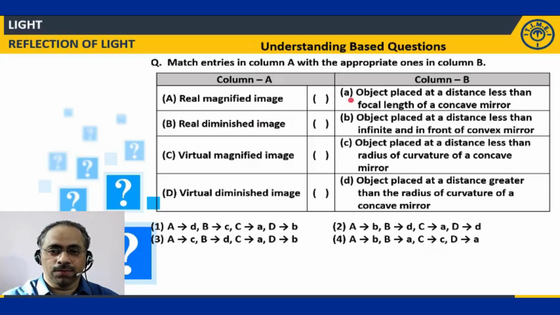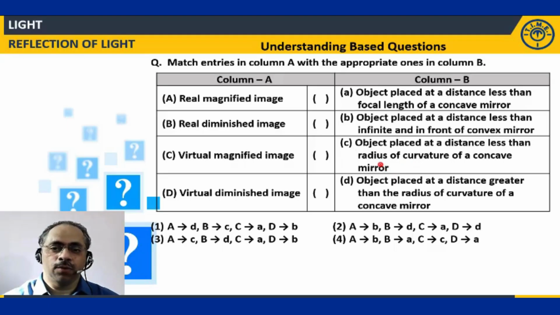See, first one, object placed at a distance less than the focal length of a concave mirror. No. Object placed at a distance less than infinity in front of a convex mirror. It is not a convex mirror. Let us see. Object placed at a distance less than the radius of curvature of a concave mirror. Yes.